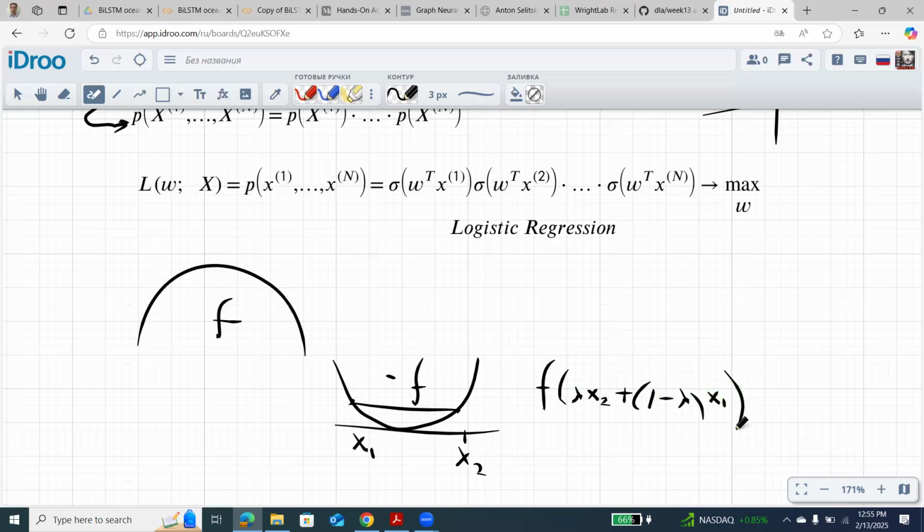So if lambda is 0, I will get x1. If lambda is 1, I will get x2. If lambda is in between, it will be just a point between these two.